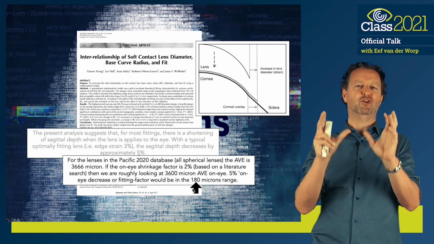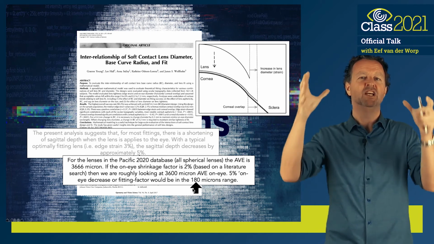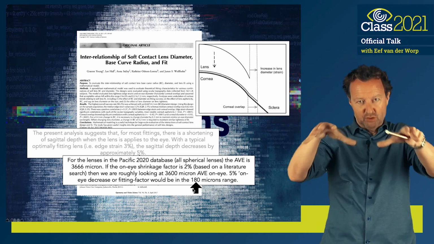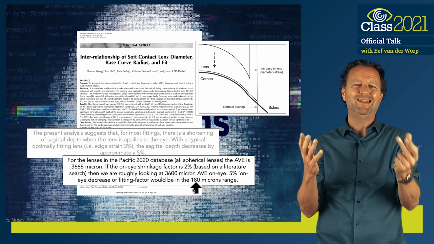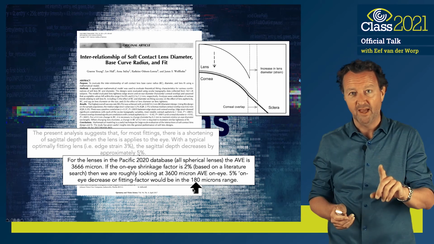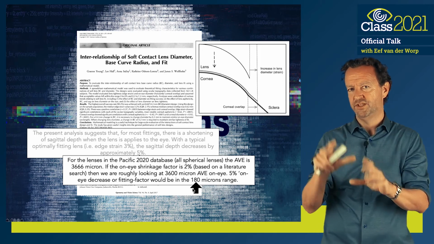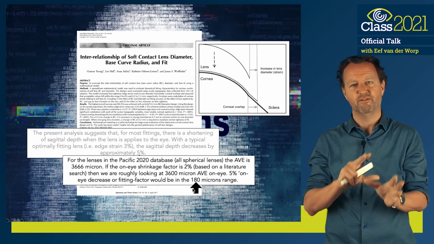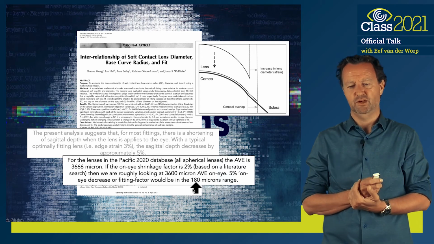The fitting factor could be somewhere in that range where the lens has to be 180 steeper in order to flex on the eye. If you don't have a fitting factor of, we think, somewhere between 100 and 300 micron, and we've tried it, believe me, the lens is going to move all over the place. It's not going to be comfortable. It's going to cross the corneal borders, etc.